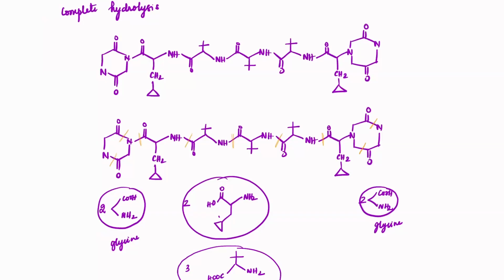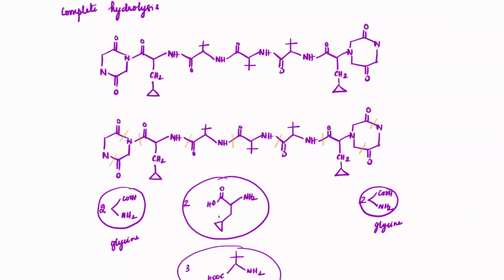So for this case, where do we break the molecule? You can see this is an amide linkage. This is also an amide linkage. So wherever there is an amide linkage, you keep breaking it. So you can see I break, break, break here, and then we have a break here and here also, here, and here.